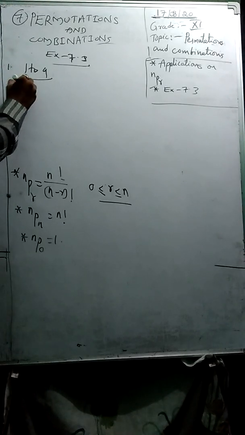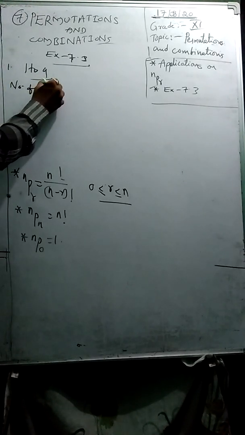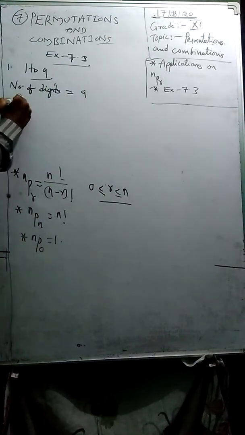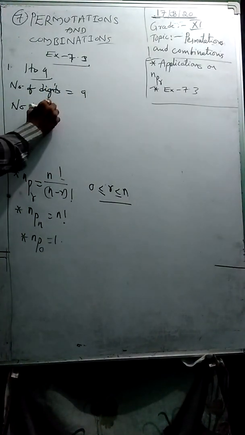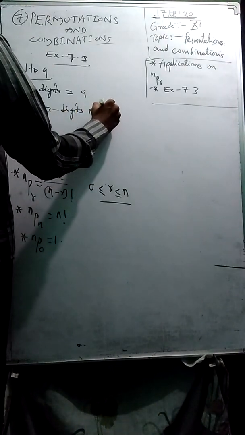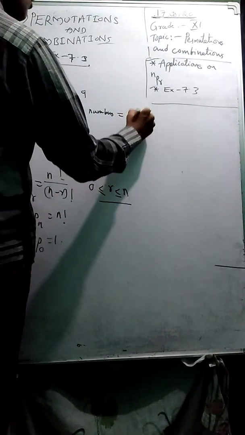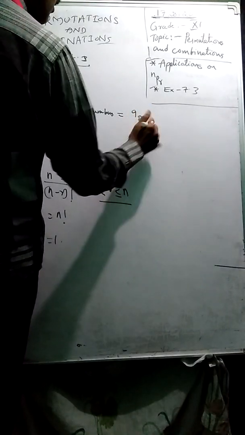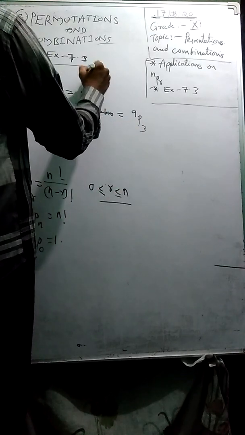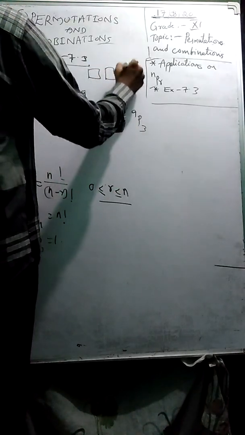Simply, the total number of digits is 9. So the number of 3-digit numbers possible is 9P3, because we are arranging 3 digits out of these 9.